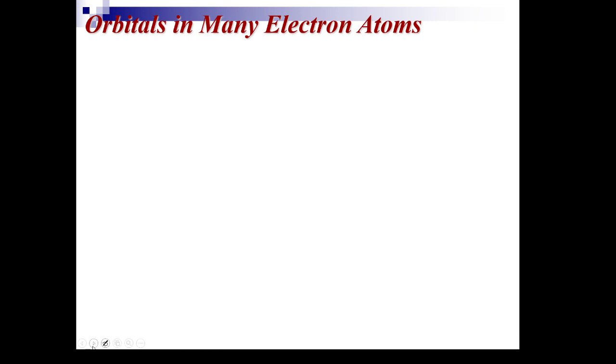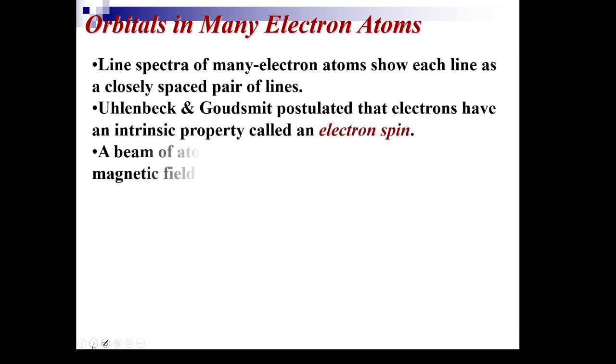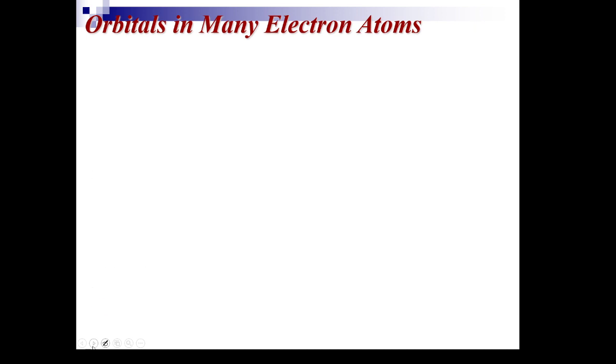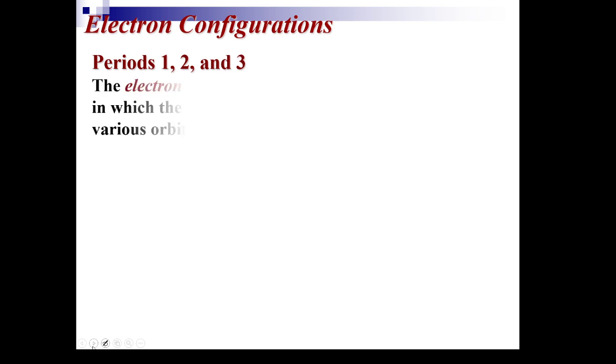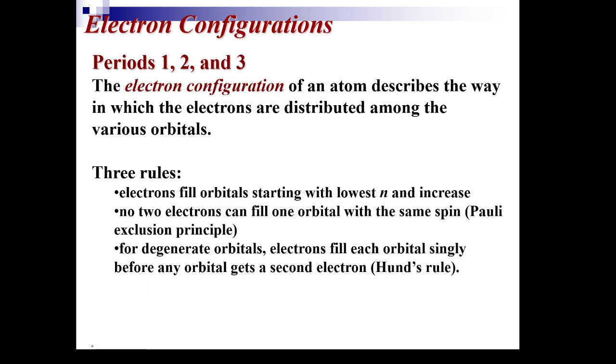Well, how do I know what fills, how it fills, what's going on, and all of that? Okay, we talked about electron spin last time, and I talked about Pauli exclusion. So, there's a couple rules here when writing what we call the electron configuration. Number 1, we have to start from our lowest energy to our highest energy.